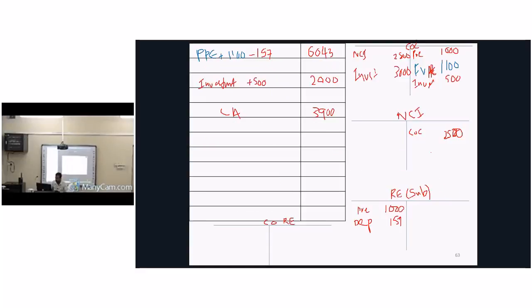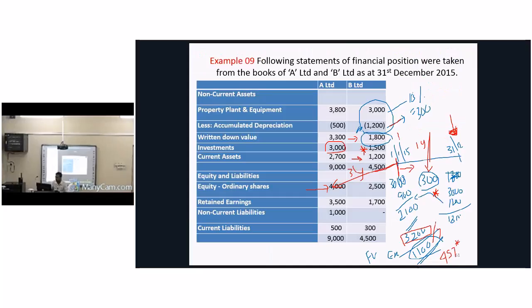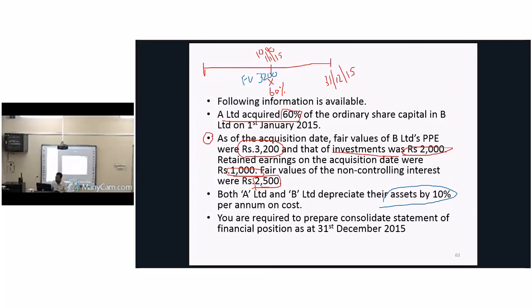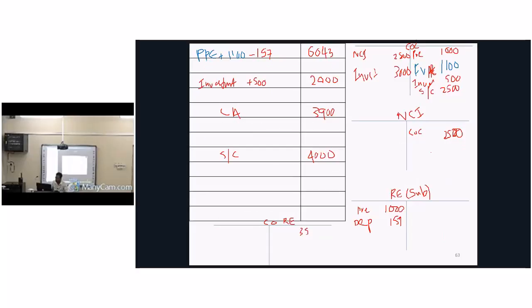Here share capital 4000 and subsidiary share capital 2500 we charge to the cost of control account. This is share capital. And retained earnings 3500 and 1700 in consolidated retained earnings. Here 3500 and here 1700. These are brought forward balances.